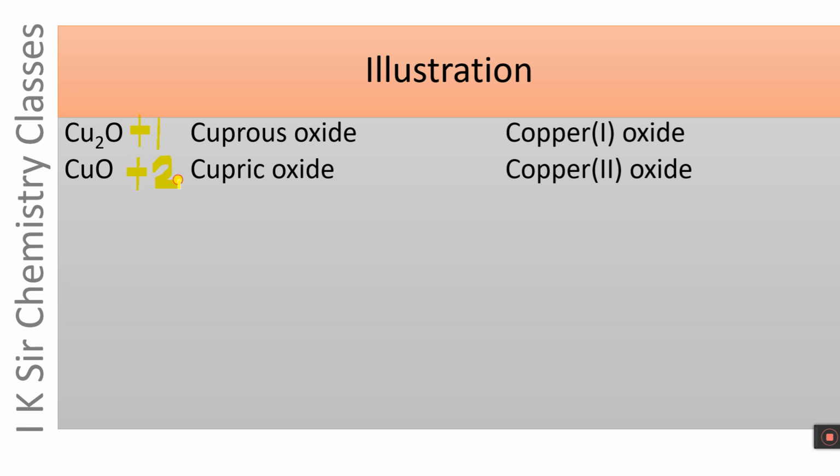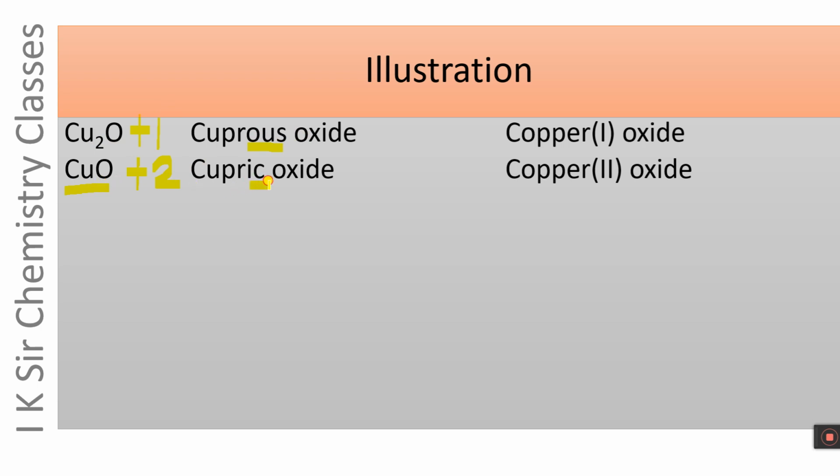It is obvious that Cu2O is the oxide of copper in lower oxidation state, while CuO is the oxide of copper in higher oxidation state. Therefore, the name of Cu2O will be cuprous oxide, while the name of CuO will be cupric oxide.